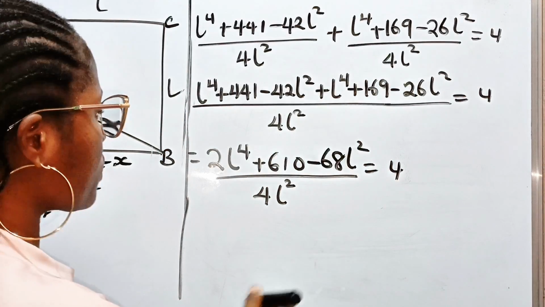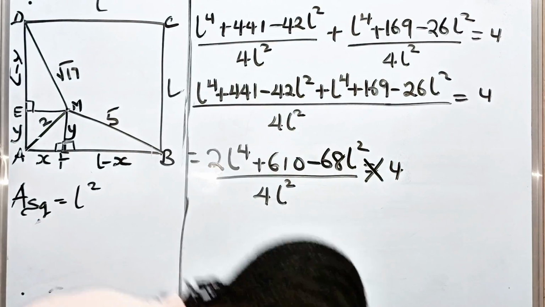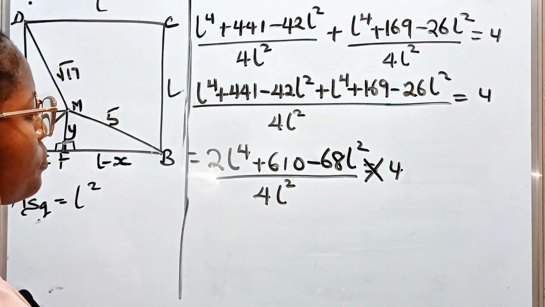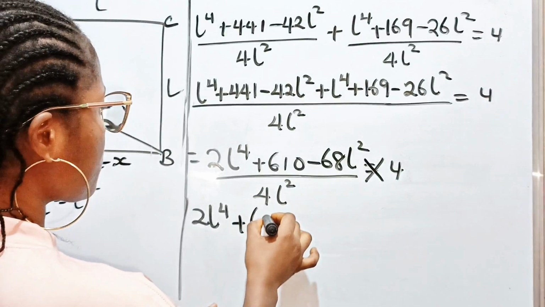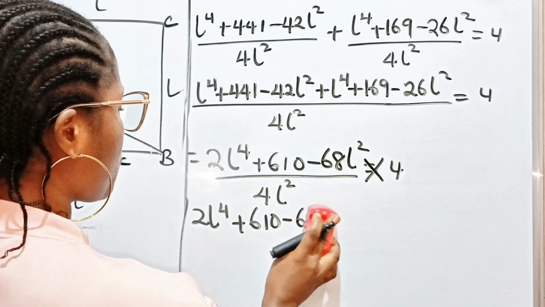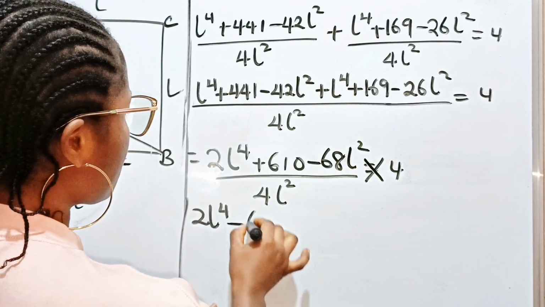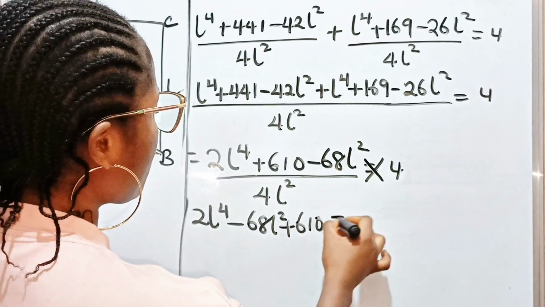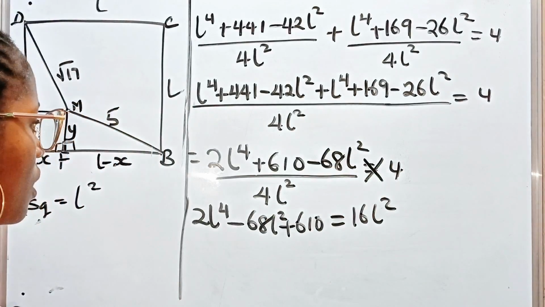Now let us cross multiply. If we cross multiply, then we have 2L to the power of 4, minus 68L squared plus 610 is equal to 4 times 4, which is 16L squared.